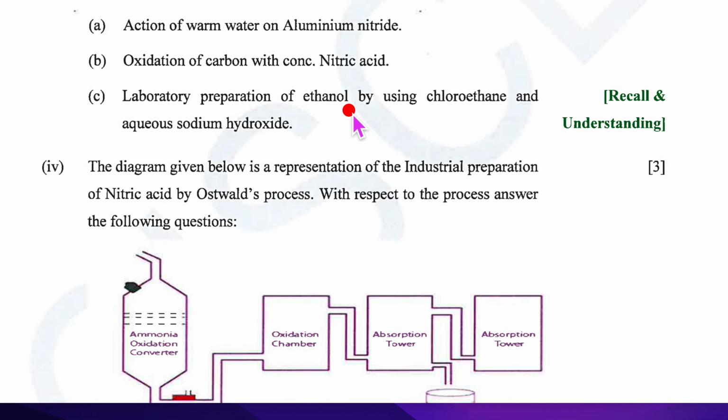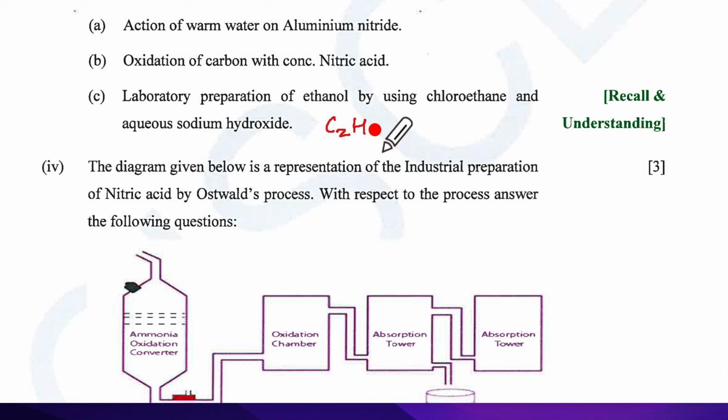Laboratory preparation of ethanol using chloroethane and aqueous sodium hydroxide. Now this also, if you have learned organic chemistry properly, you will be able to do it. But if you are stuck for whatever reason, they are saying we are preparing ethanol, we are using chloroethane.